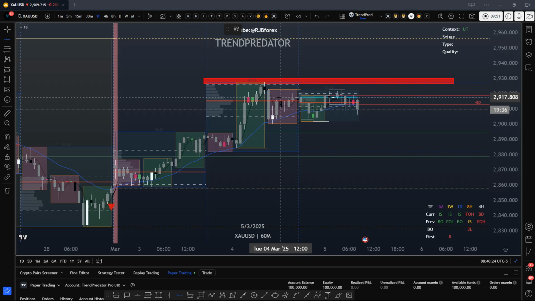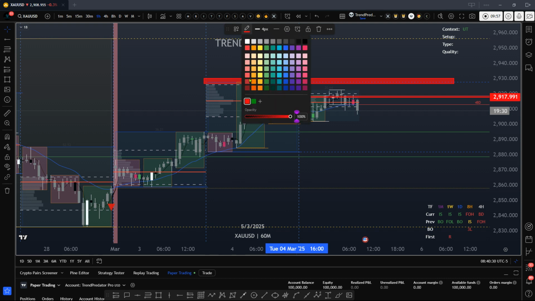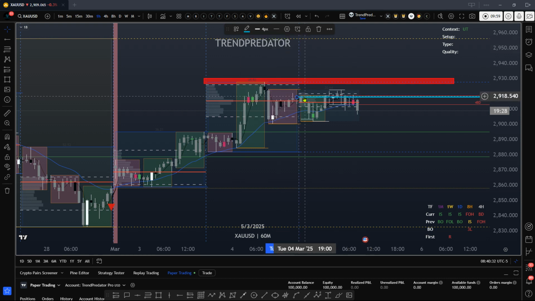Let's draw it across. That's where the price closed yesterday. Let's make this level blue. Okay, so that's the closing price. So Asia's hit it, right? Asia's been hitting it. London's been hitting it.